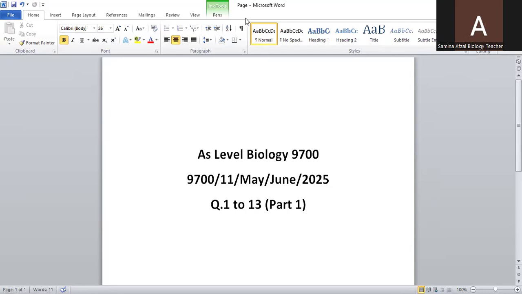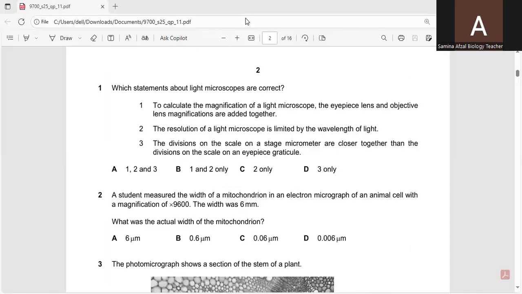And question number 1 is, which statements about light microscopes are correct? They have given us 3 statements and we have to find out which one is correct, or whether all these statements are correct. So calculate the magnification of a light microscope. The eyepiece lens and objective lens magnifications are added together.